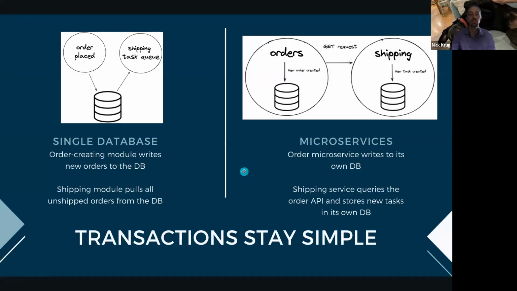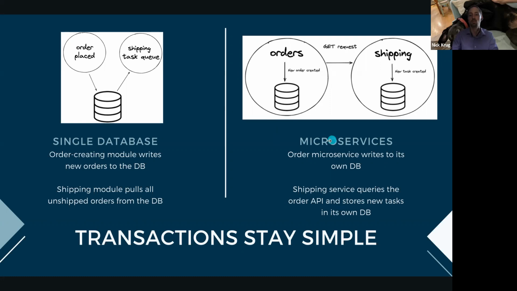So transactions still stay relatively simple. With a single database, the way that we would handle that is we would place an order. It would create some items in our database. And then a shipping module, when it's time to ship that order out, it's going to go pull all of the most recent orders that have not been shipped yet, and it's going to turn those into tasks. Very easy.